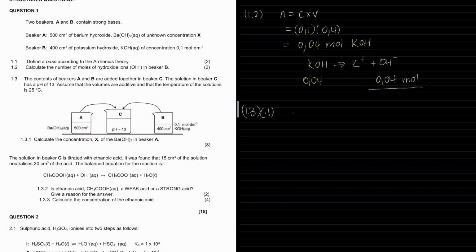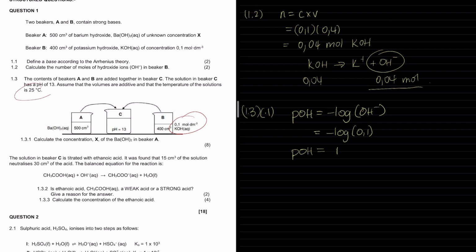We'll say pOH is equal to minus log of the concentration of OH minus. And we know the concentration of the OH minus. It's the concentration of the KOH. So minus log of 0.1. And that means that the pOH is equal to 1.